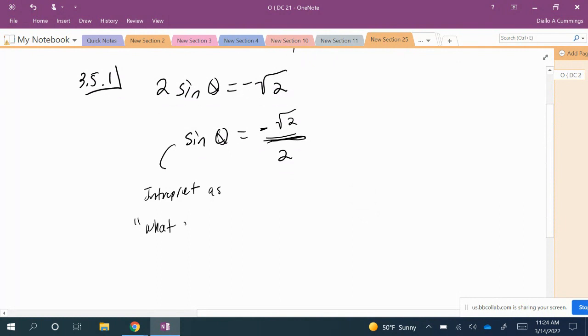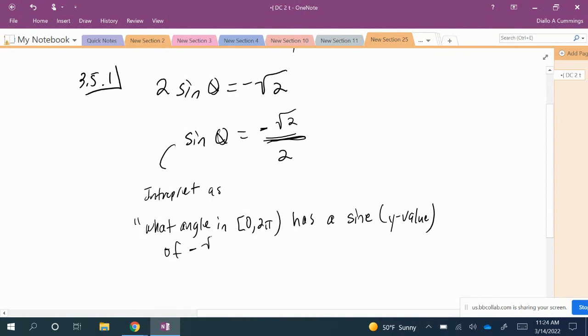What angle in the interval from 0 to 2 pi has a sine, and remember that the sine is the y value, of negative square root of 2 over 2?